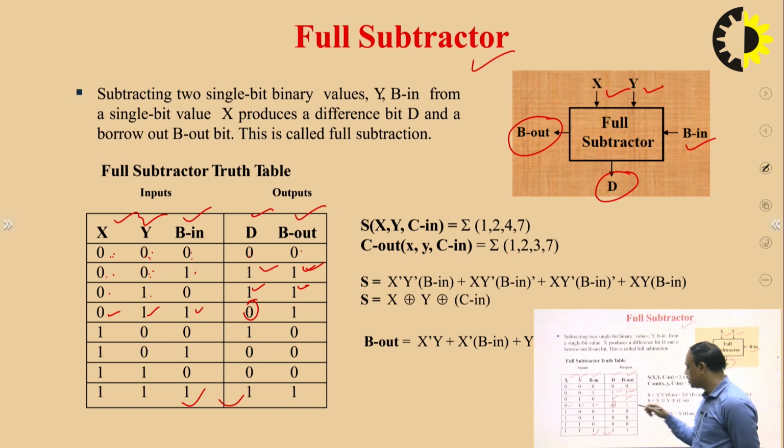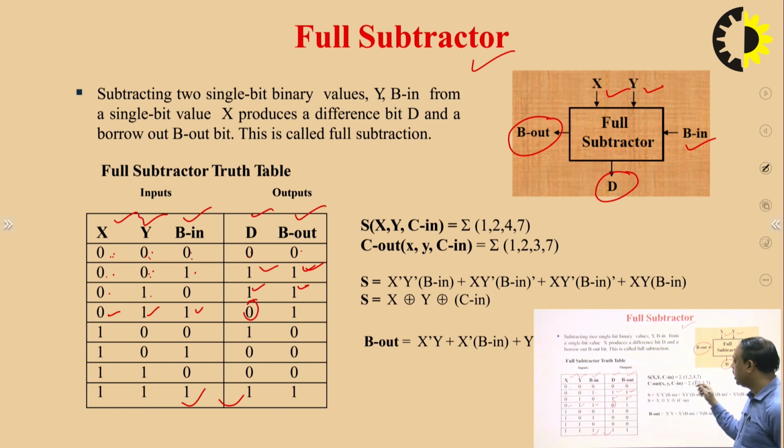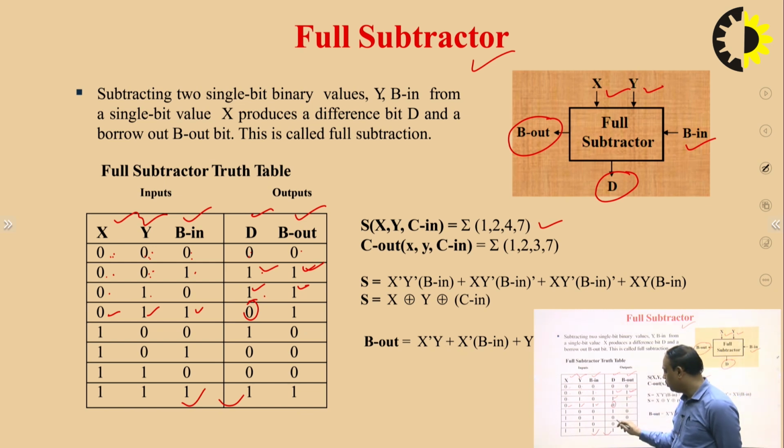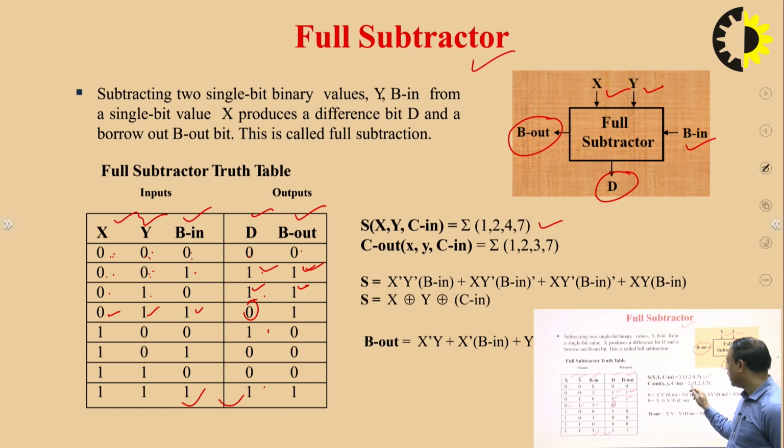So for this borrow out and difference, we have the functions. For the difference, it is minterms 1, 2, 4, and 7, and for the borrow out, it is minterms 1, 2, 3, and 7.